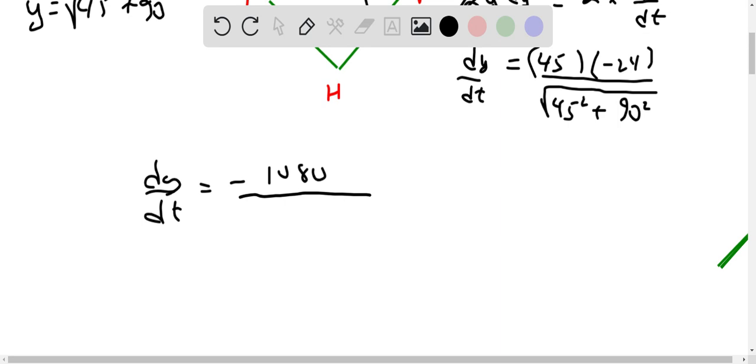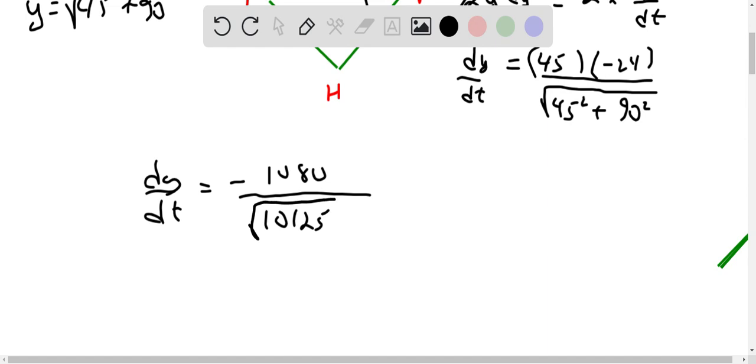So 8,100 plus 2025 is 10,125. 10,125 square rooted.